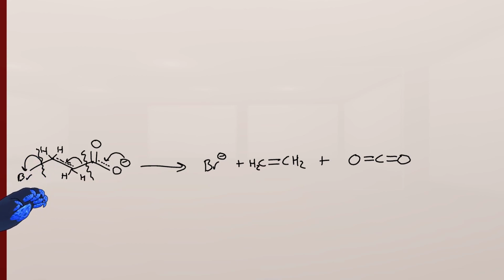To avoid that problem, the electrons in the carbon-bromine bond are going to go to bromine. 1, because bromine is more electronegative, and 2, bromide is one of our products. So we know the electrons are going to go to bromine. Bromine is more electronegative, meaning it's going to want the electrons way more than the carbon wants to have them. So the bromine will fall off to make bromide, the ethene will form, and the carbon dioxide will form.